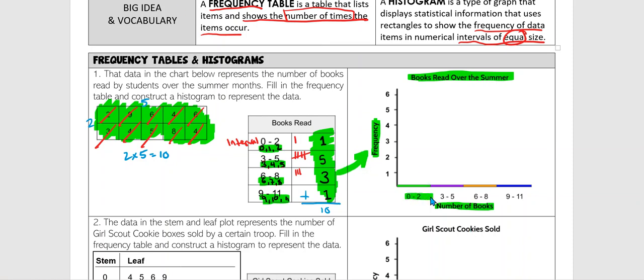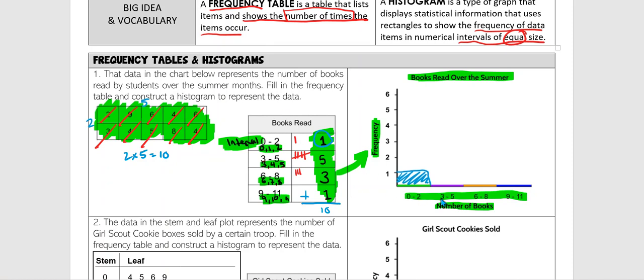And at the bottom here, we have our intervals that match up with those intervals that we saw in our frequency table. So first off is 0 to 2. I look at 0 to 2. That was 1. So I'm going to make a bar that's 1 unit tall. Just do the best you can. You can color it in if you want.